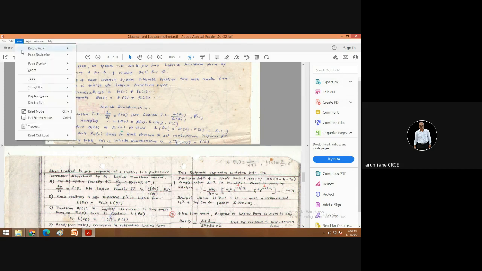Transfer function theta O upon theta I is equal to f of D. So write in terms of Laplace: Laplace of theta O upon Laplace of theta I is equal to f of s. Then you cross multiply.